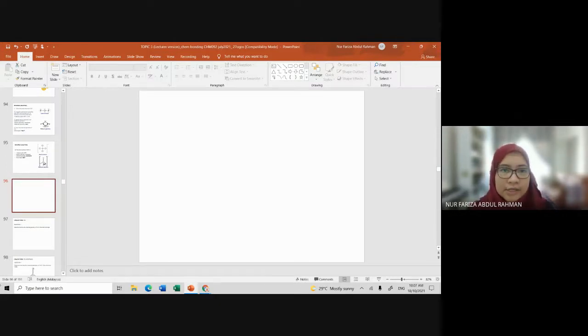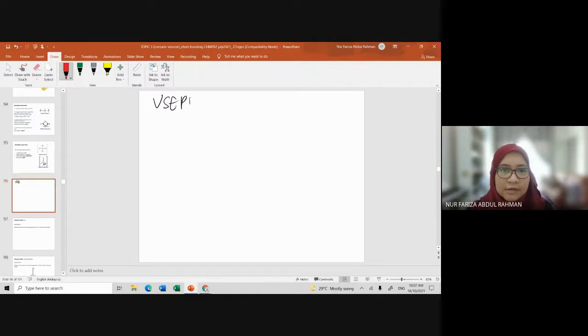VSEPR, and then we have electron group or electron pair. Electron pair can be in the form of a bonding pair, or it can also be in the form of a lone pair. Regardless, electron pair or electron group is basically the same.